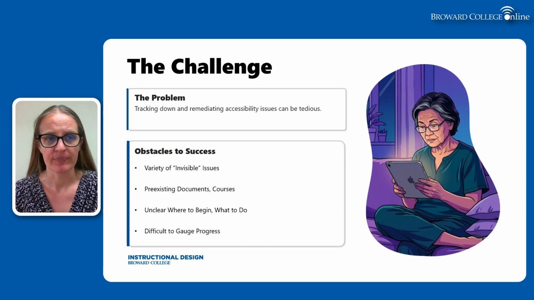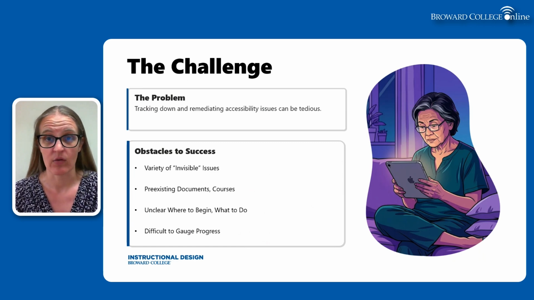So the problem that we often face while working through accessibility issues is that it can be really difficult, in fact, often very tedious, to find out where they are and then figure out how to fix them. And Ally helps us address a number of these obstacles that can interfere with our success in accessibility.